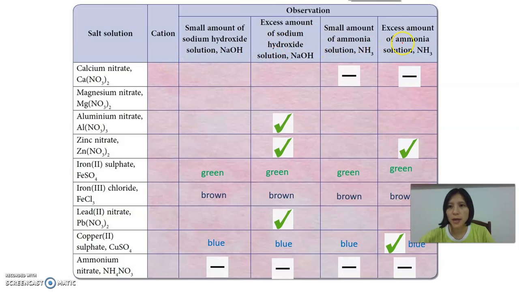If you add ammonia to copper(II) sulfate solution, you will see a blue precipitate, and this blue precipitate will dissolve in excess ammonia solution. So that's your answer. Everything is actually in your textbook. You just need to use the information that you have, apply it to the question and answer the questions. Okay, so thank you girls.